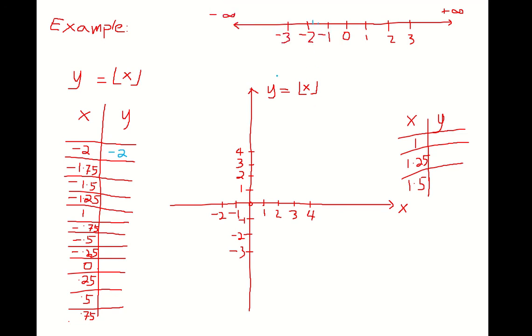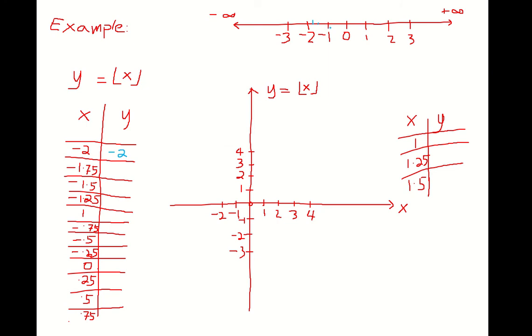If you look at this number, and we think that the closest integer of negative 1.75 is 2, or say 1, we are wrong. Why?